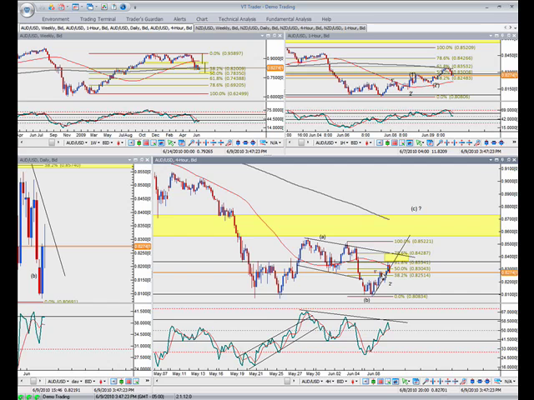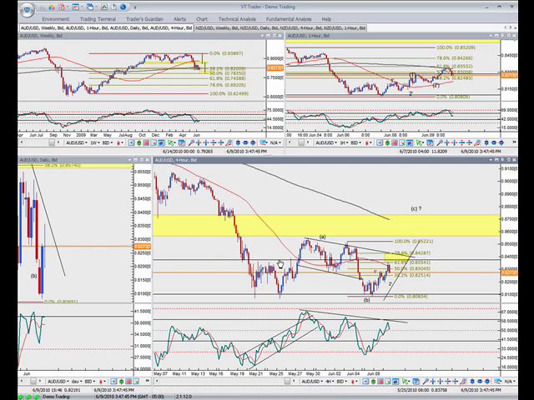Okay, so that means maybe it's not a good idea to try to pick the top of the C wave, but something like an engulfing pattern, although this is still short of equality, but I'm not counting this out.